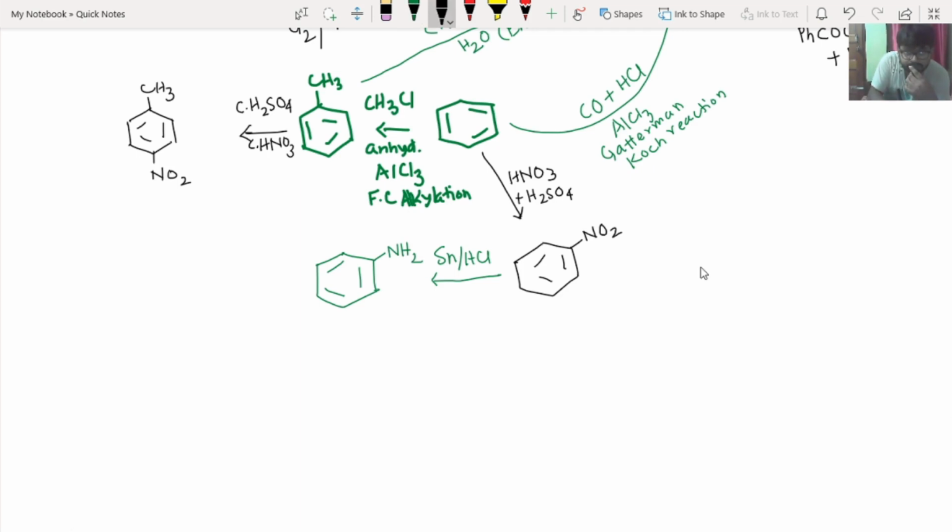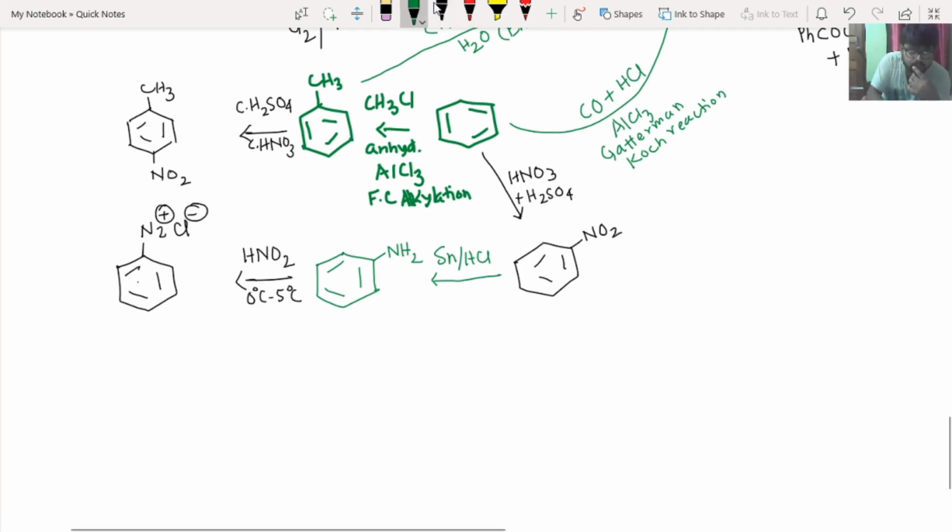Now a very interesting reaction is the treatment of this aniline with nitrous acid at 0 to 5 degrees Celsius, which will give us benzene diazonium chloride.